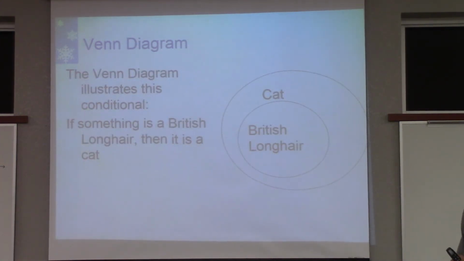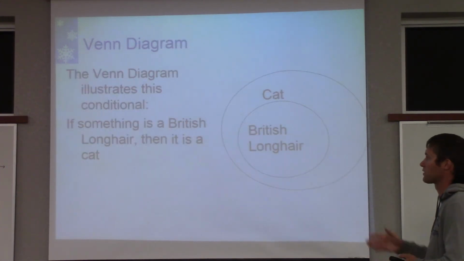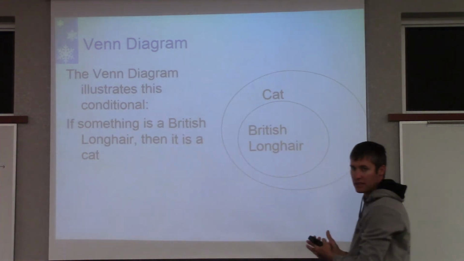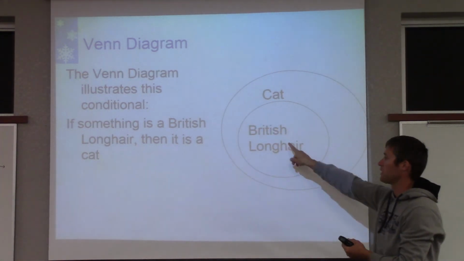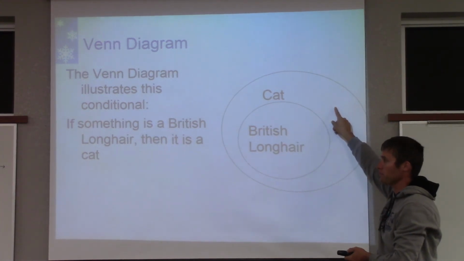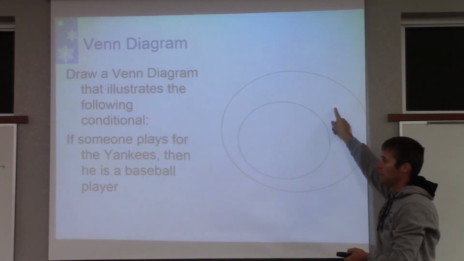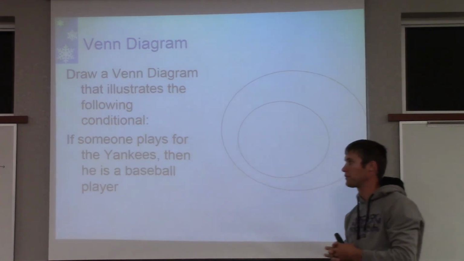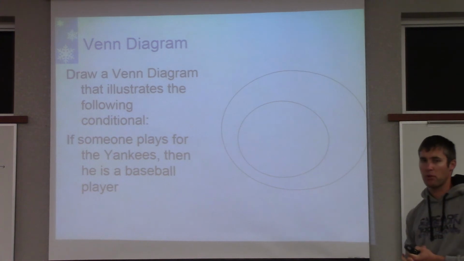We're going to state an if-then statement. If you look at it, the bigger thing is that it's a cat. So if it is a British longhair, then it is a cat. Next one, for a Venn diagram: if someone plays for the Yankees, then he is a baseball player.